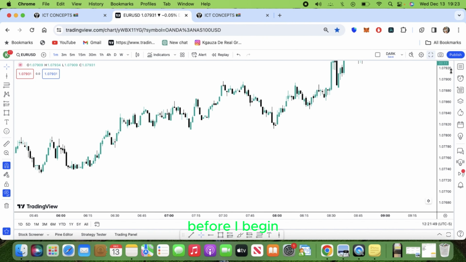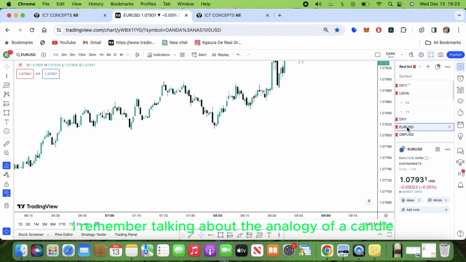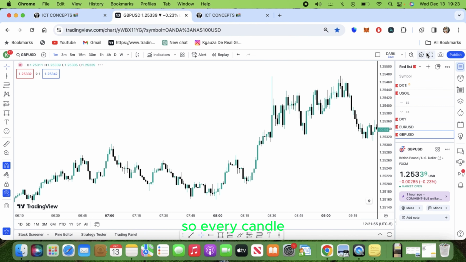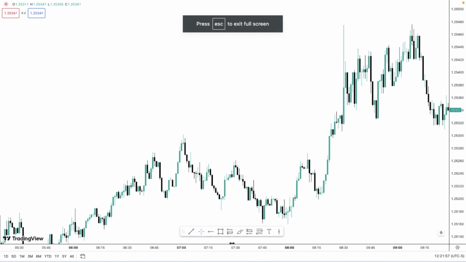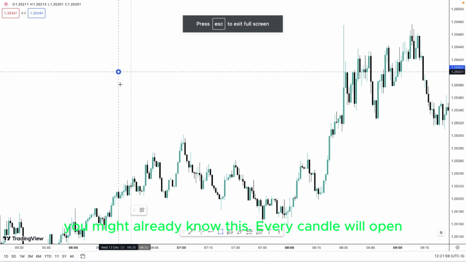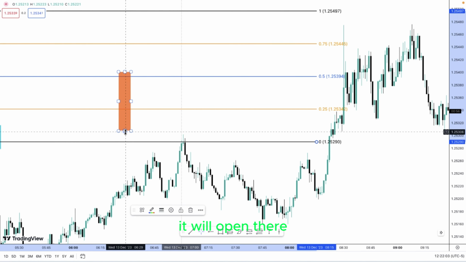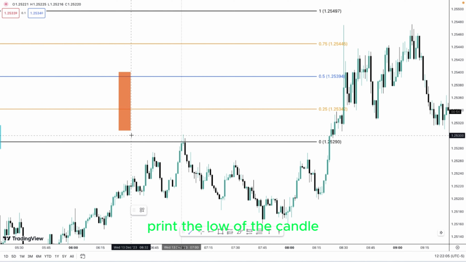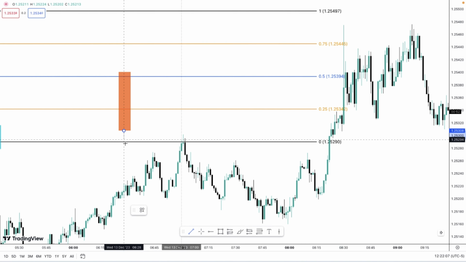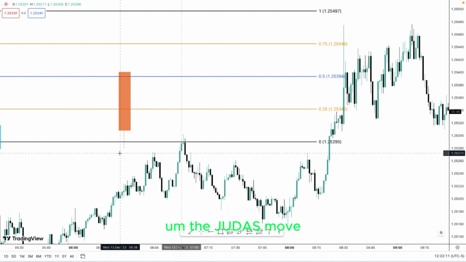Before I begin, I remember talking about the analogy of a candle. Every candle, you might already know this, it will open, print the low of the candle, in other words, print the Judas move.